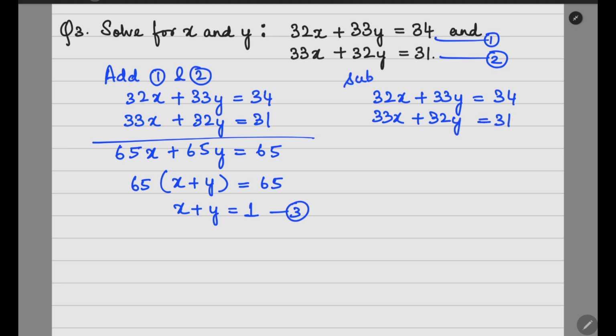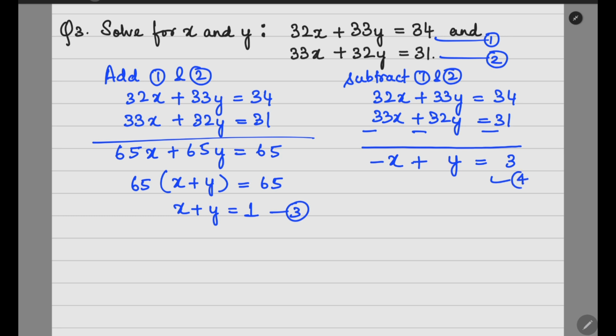Whenever you're subtracting, you change the sign. Plus becomes minus. So when you subtract, you have 3 equal to 33 minus 32 y, plus 32 minus 33, so minus x. That's all. So this is your equation 4.